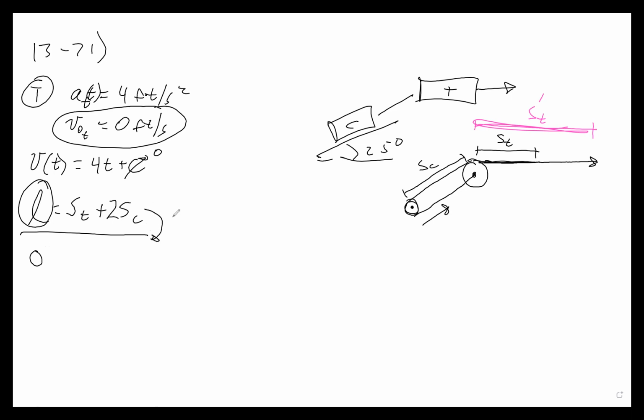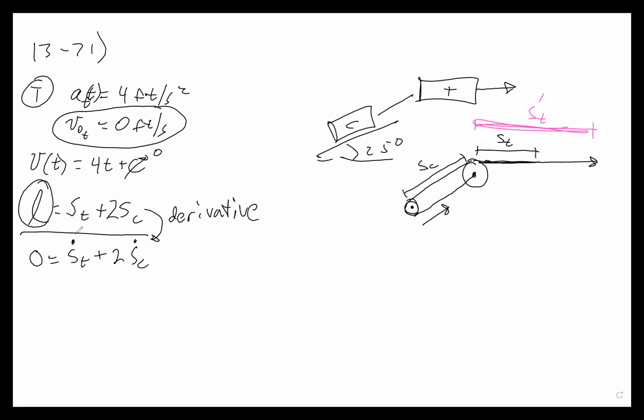So this is going to be the derivative. I'm simply going to take the derivative of S sub t by just putting a dot. This may seem kind of weird and kind of a cheat, but it's totally allowed. And then 2S sub c is a dot as well.